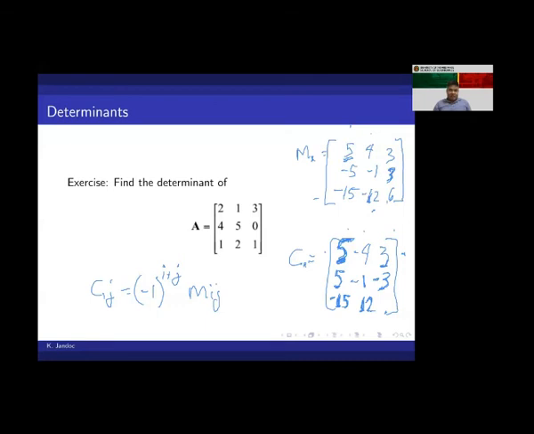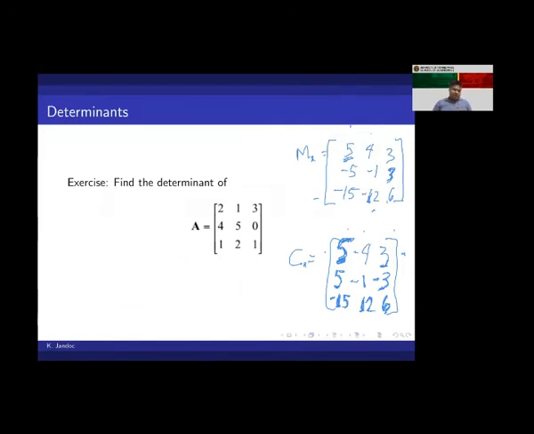And the address is row 3, column 3. So 3 plus 3 is equal to 6. It's an even number, so the signs don't change. Okay? Great. So this is the cofactor associated with each of the entries in the matrix A.